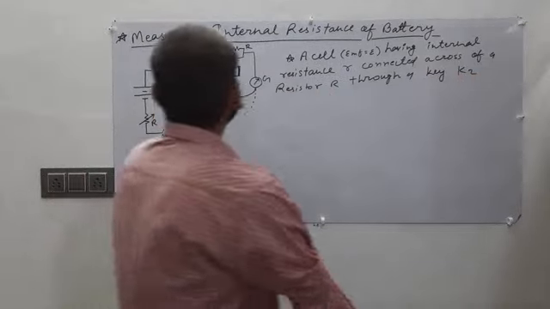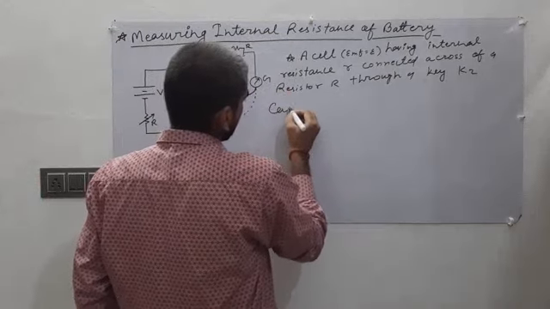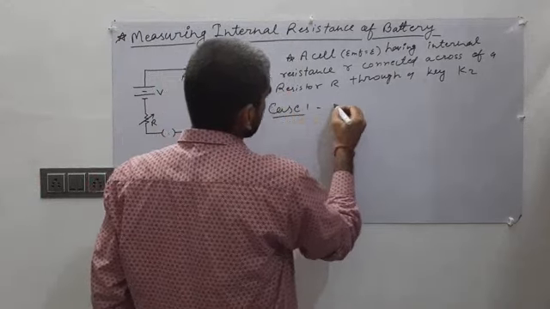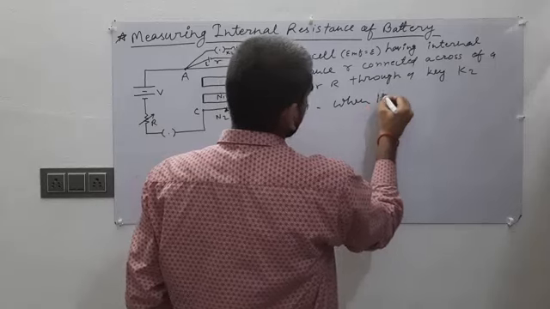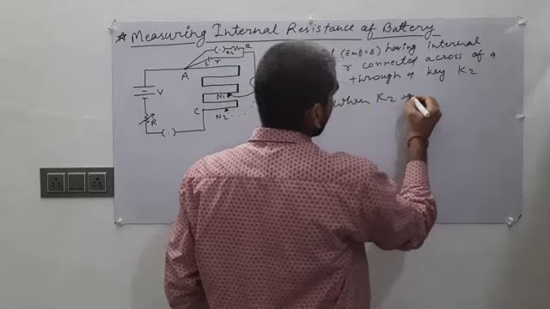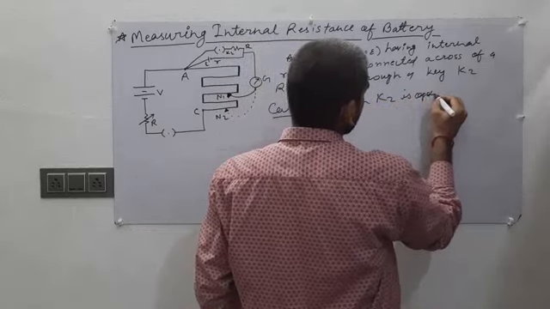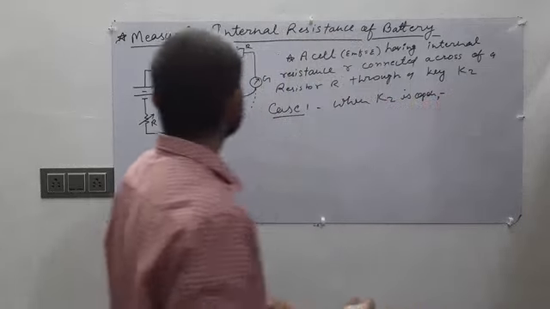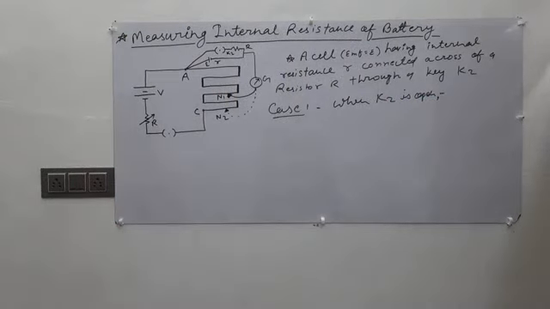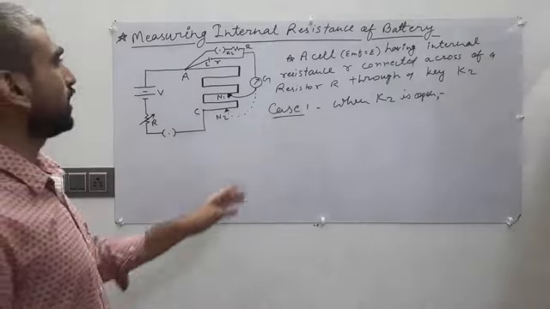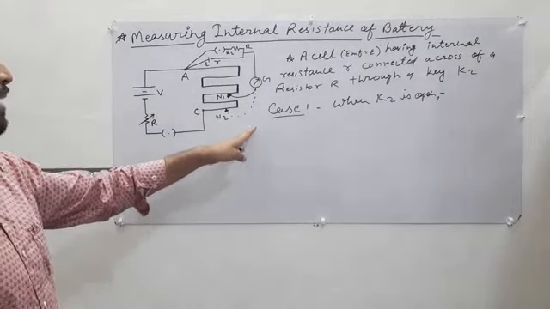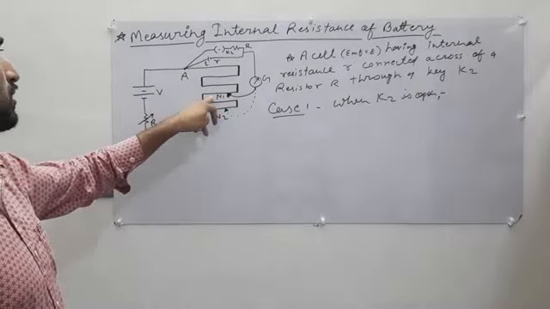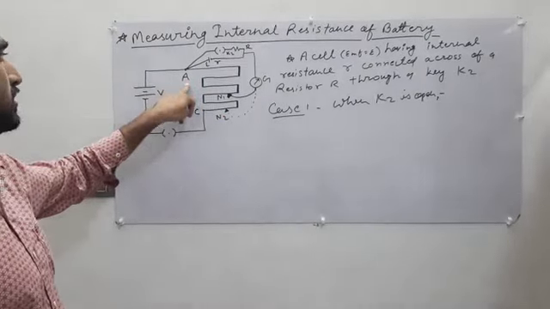Now we assume our case first as when K2 is open. Now, in this condition, we assume our balance will appear at N1, distance from A is L1.